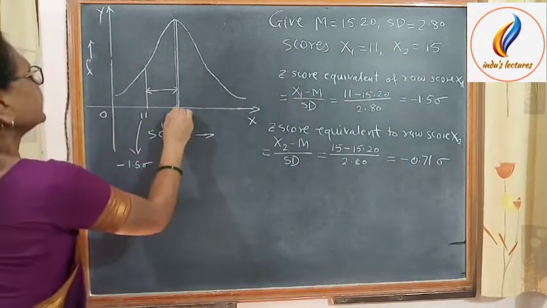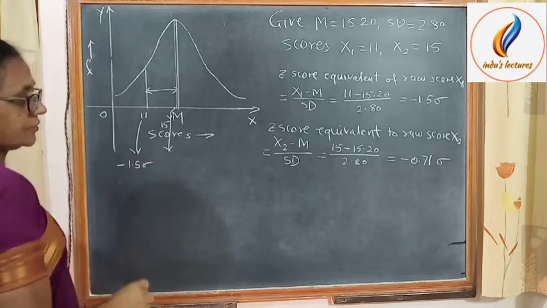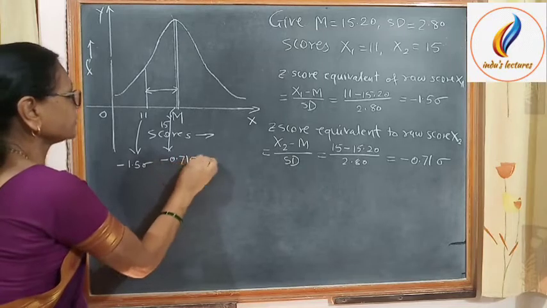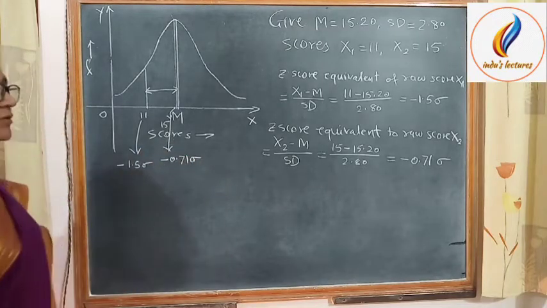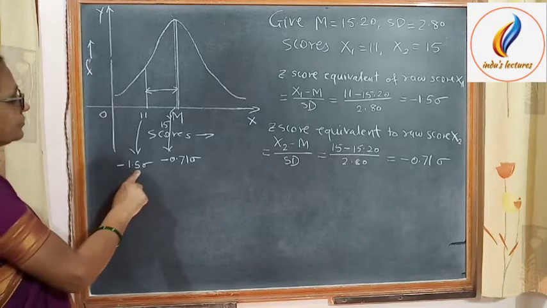That means at this point the sigma score is minus 0.71 sigma. So we have to find the percentage of cases between the limits minus 1.5 sigma and minus 0.71 sigma.